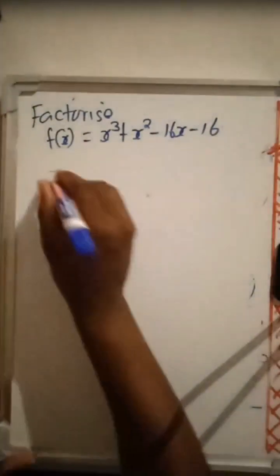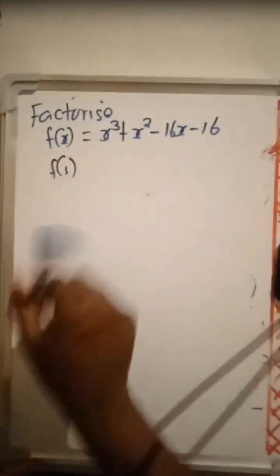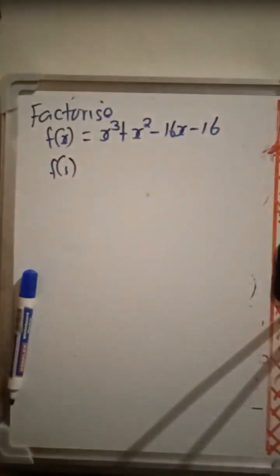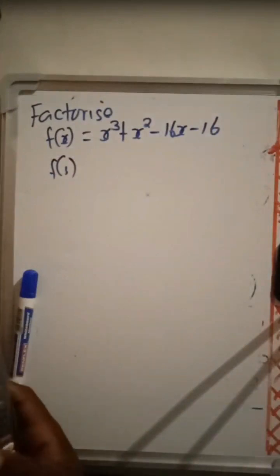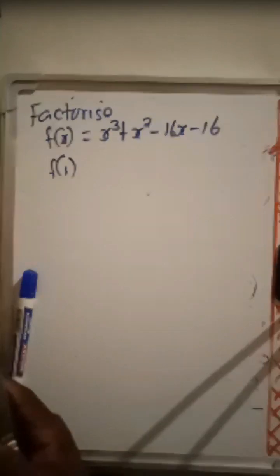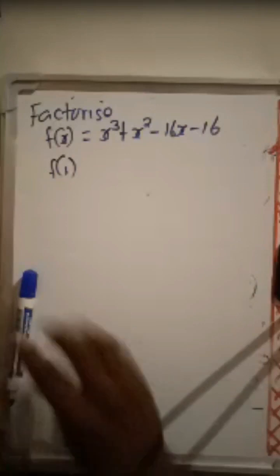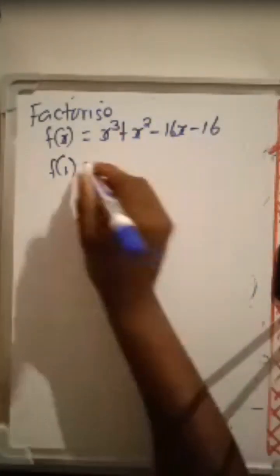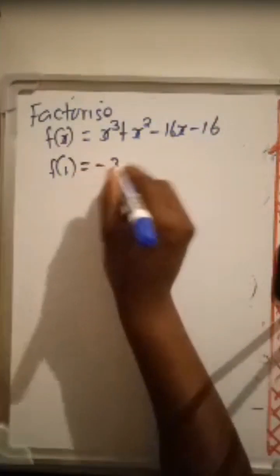Let's check f of 1. What do we get? You have to substitute 1 for x. That is going to be 1 cubed plus 1 squared minus 16, then in brackets 1 minus 16. So I get that f of 1 is equal to negative 30.